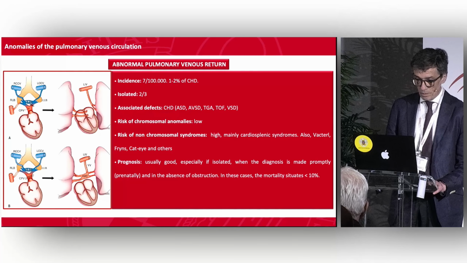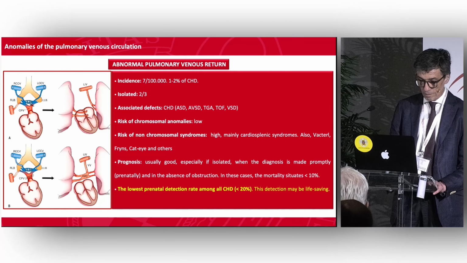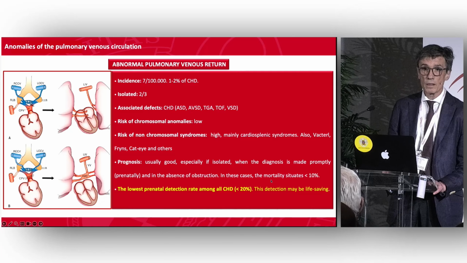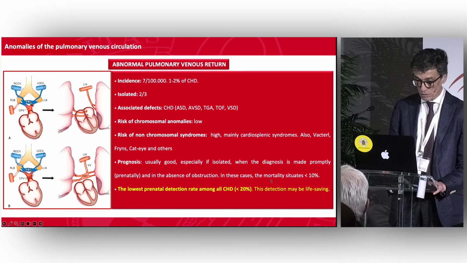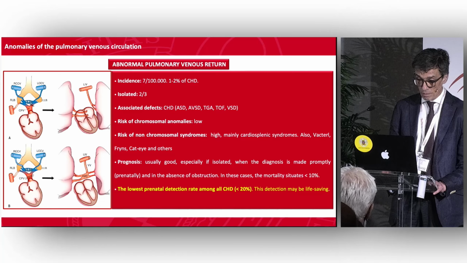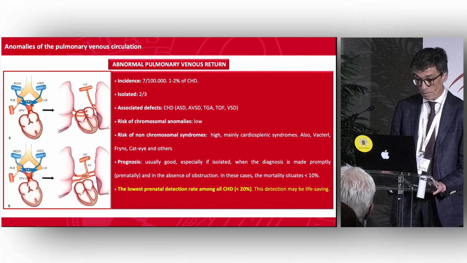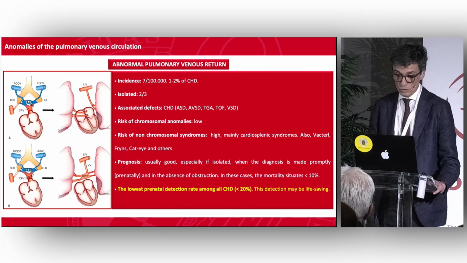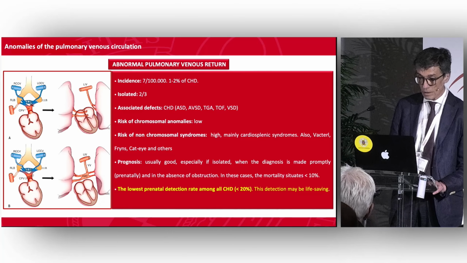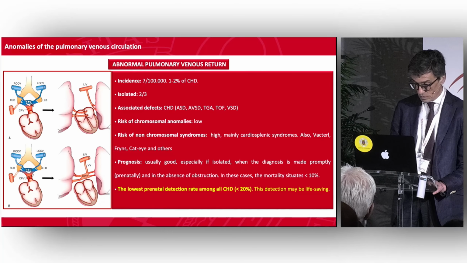However, abnormalities in the pulmonary venous return have the lowest prenatal detection rate among all congenital heart defects, below 20% in all series that have been published to date. But this prenatal diagnosis may be life-saving for some babies, especially those that have an obstructed type of pulmonary venous return. That's why it's very important to put the focus of this lecture, in a meeting like this, on the importance of detecting this condition.